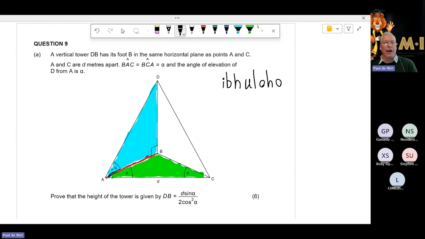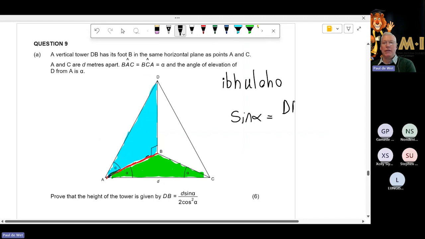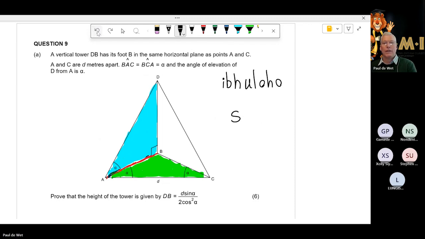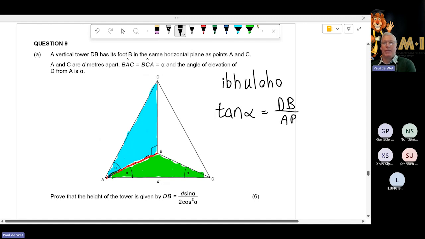So I'm going to start off here and I'm going to say the sine of alpha is equal to dB over, no, I'm not going to say that at all. I'm going to say the tan of alpha is dB over AB.